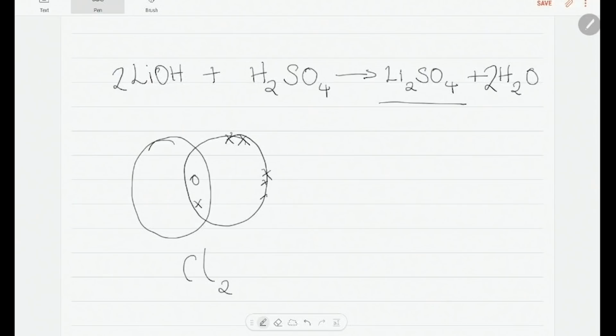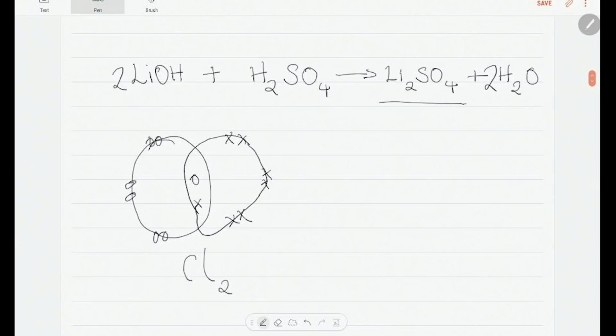So these 2 atoms are going to contribute 1 electron each to the sharing of electrons in the covalent bond. So since each atom will contribute 1 electron, we call that a single covalent bond.